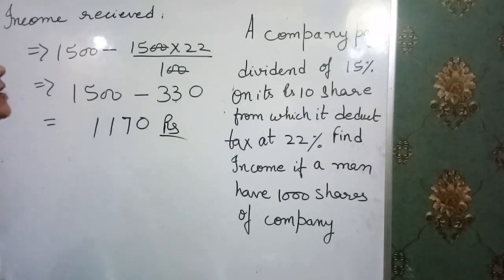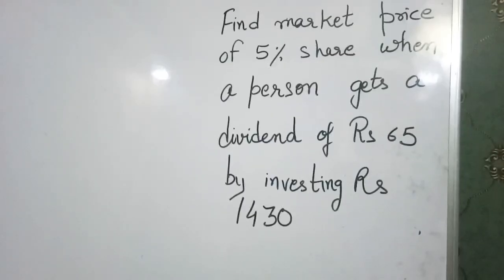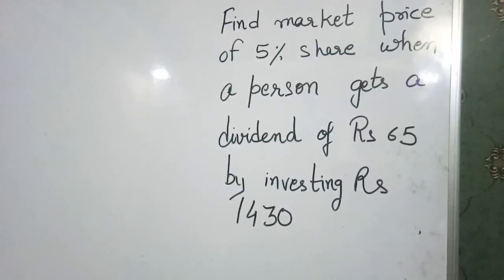Now I'm proceeding to another type of question. Watch another question on your screen. Find the market price of a 5% share when a person gets a dividend of rupees 65 by investing rupees 1430. In this question we first have to find the market price of the share. 5% is the dividend announced by the company to give to shareholders.